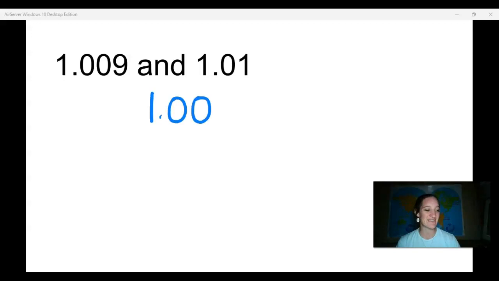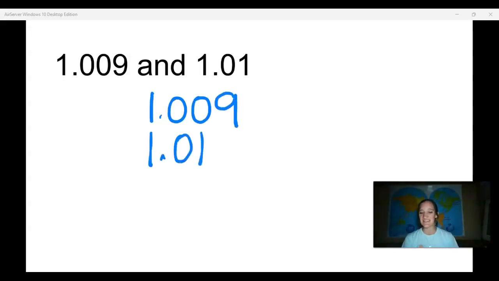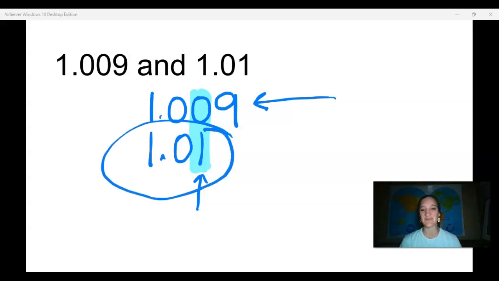If you want to pause and solve it yourself and then push play so you can see, once it is lined up, even though this one is longer, we really just care about the first place value where there is a difference. We can see that 1/10 is bigger than 9/100, not by much, but it is still bigger. So this one is greater.